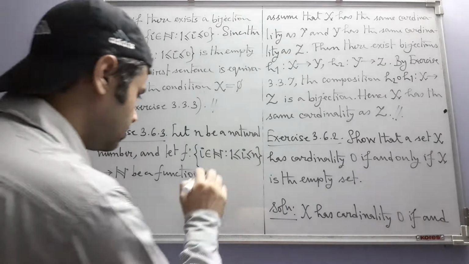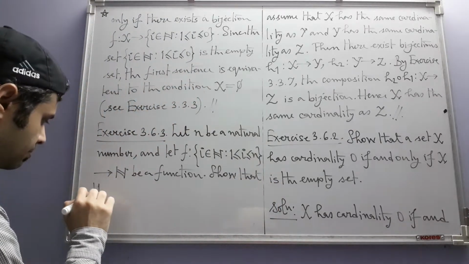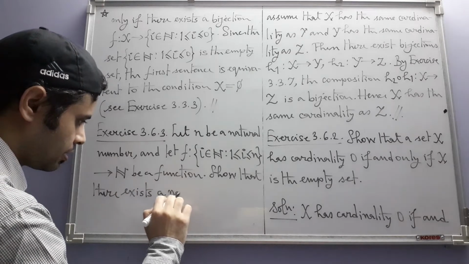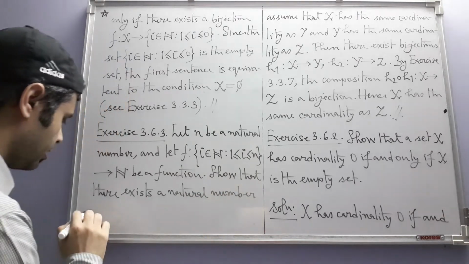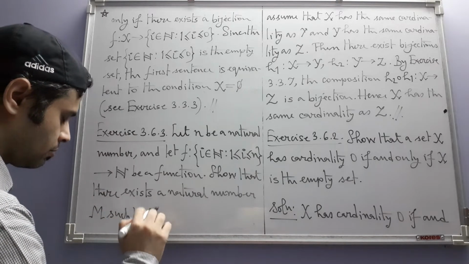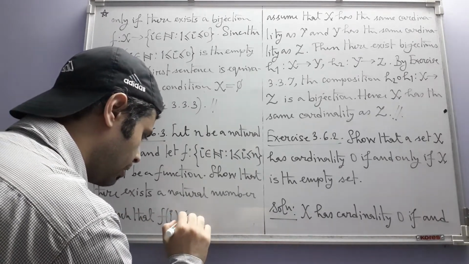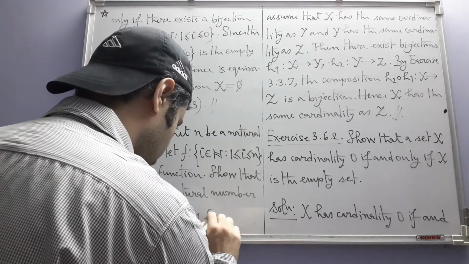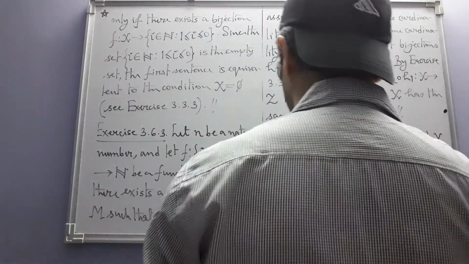Show that there exists a natural number m such that all the functional values are less than or equal to m, for all i lying between 1 and n.